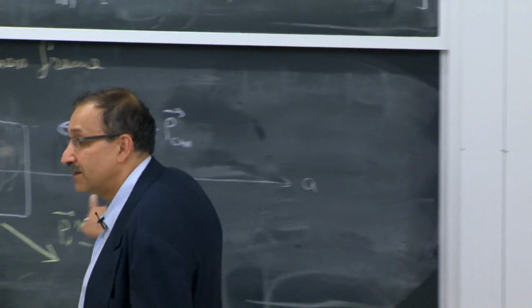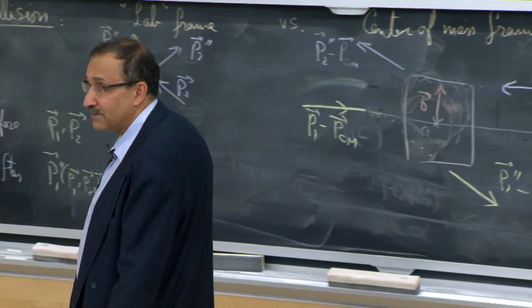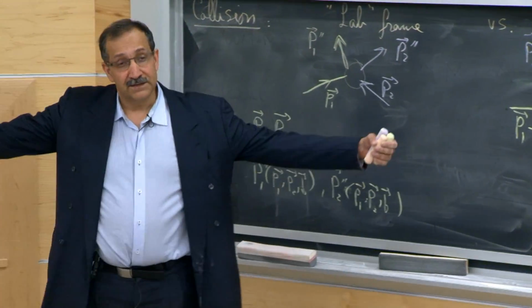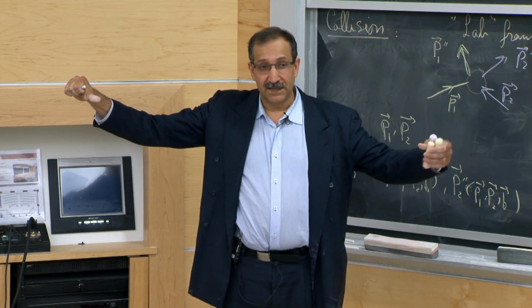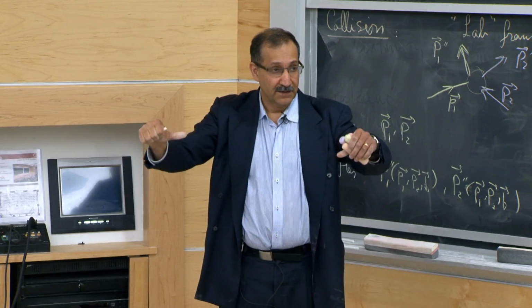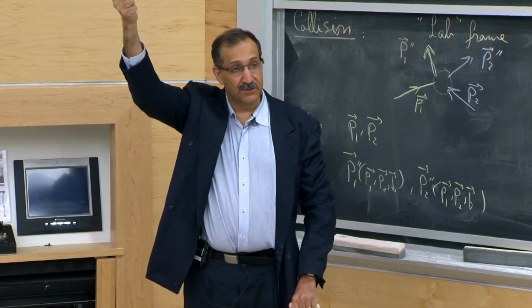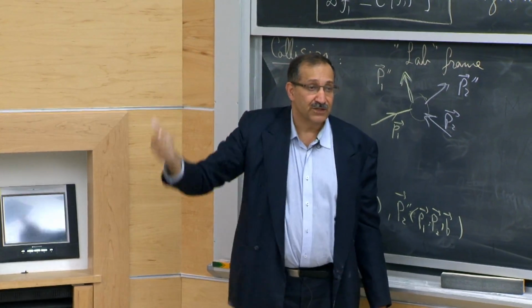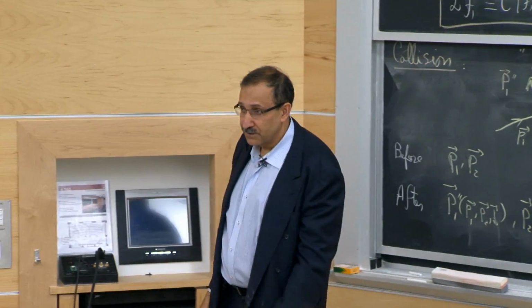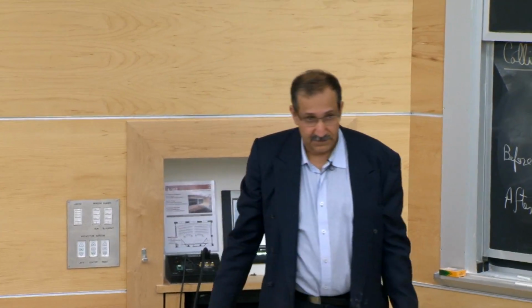Now think back about collisions in the center of mass. In the center of mass, two particles come with velocities that are opposite each other. They bang onto each other and go in different directions. The magnitude of the velocities does not change in an elastic collision, which is what we are looking at, right?